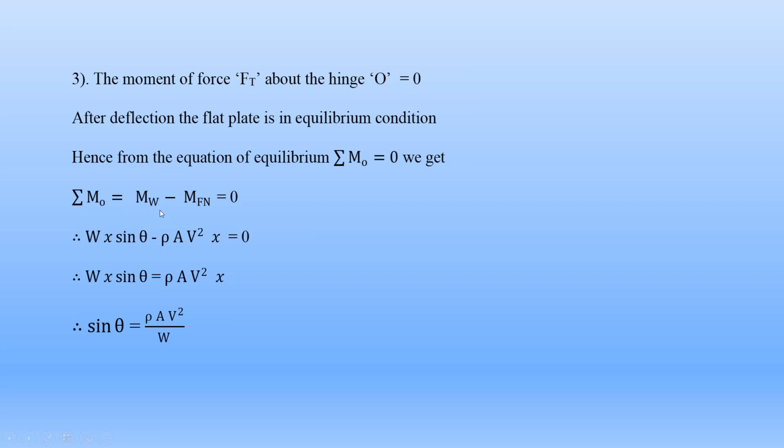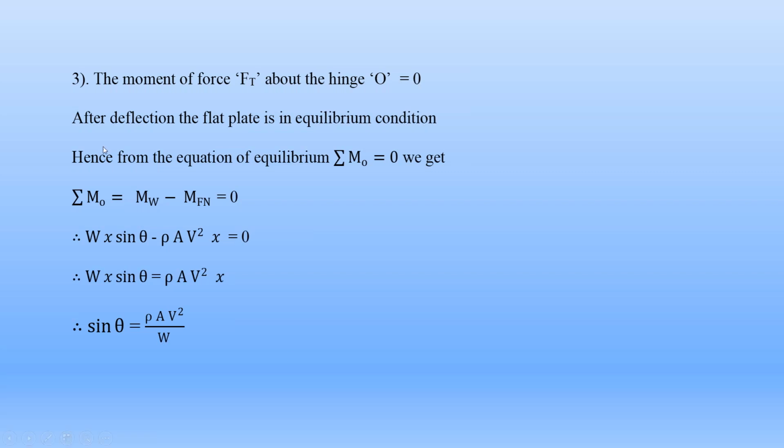We know that Mw, the moment of weight of the plate, is equal to W into x sin theta. The moment Mfn is rho A V square into x. We discussed the moment of the weight of the plate about the hinge point O, W into x sin theta, and the moment of force Fn about the hinge point O, rho A V square into x.